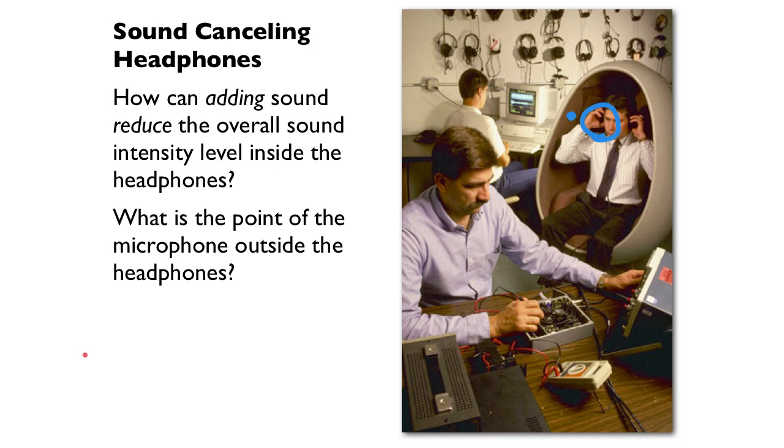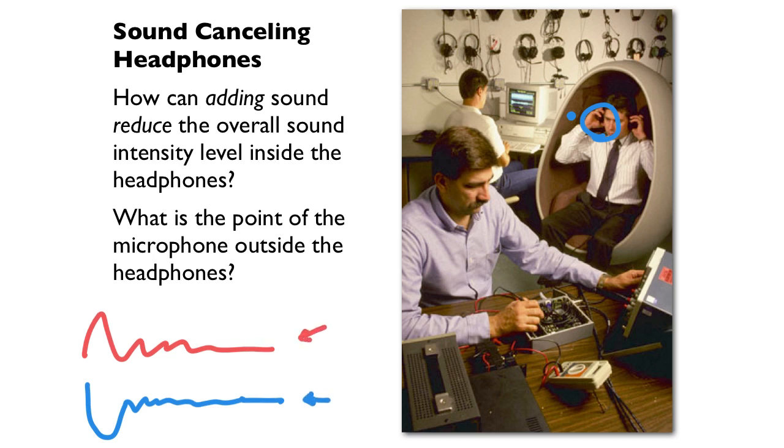So if it's sensing this wave on the outside, it produces a wave on the inside that is exactly the same size, but exactly opposite. The sum of the sound from the outside and the sound produced on the inside is 0. So you actually produce sound inside the headphones, but it cancels the sound from the outside. Adding sound produces a lower sound intensity on the inside. It's kind of magic.